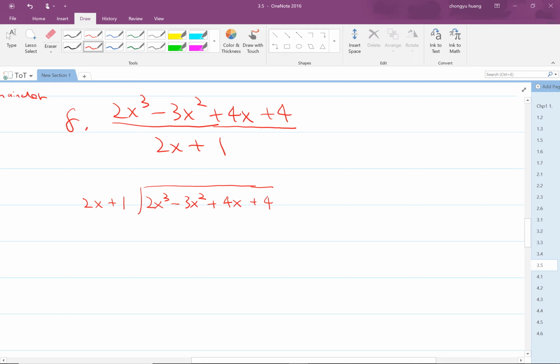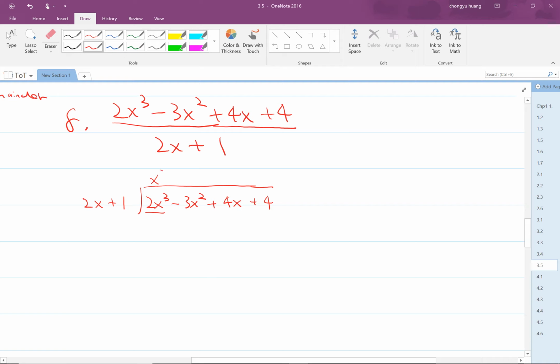So here, what we have is 2x to the power 3 minus 3x to the power 2 plus 4x plus 4, and then we divide by 2x plus 1. As always, you can see we have a 2x to the power 3, so we want to get rid of it. How do we get rid of it?